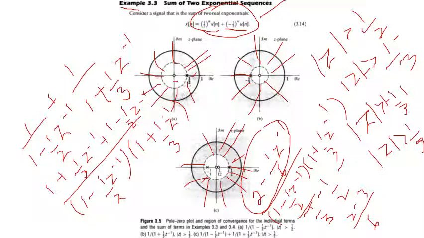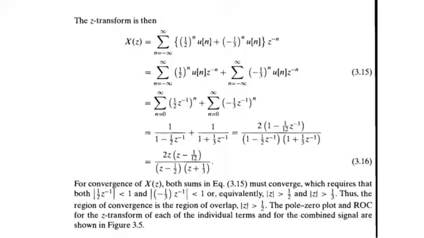So here you can see the sum of two exponential sequences. Z transform of A is this with ROC this. Z transform of B is this with ROC this. Z transform of C is this with ROC this. Okay. So let's move on to the next slide. And this is the solution of the previous example that we just did. This is x of n, this is the first term, this is the second term.